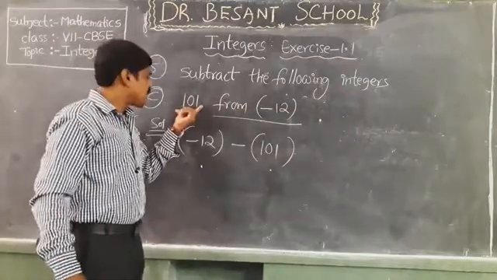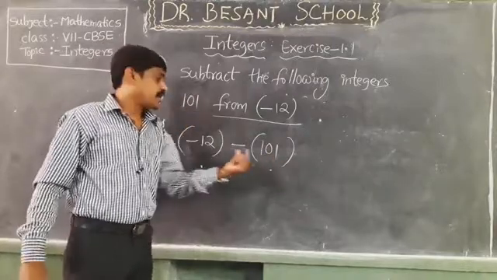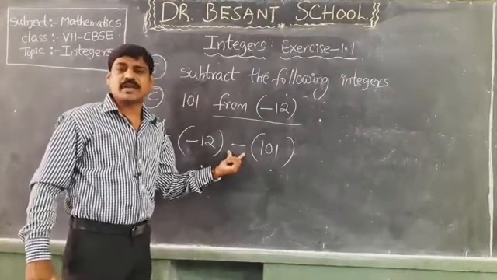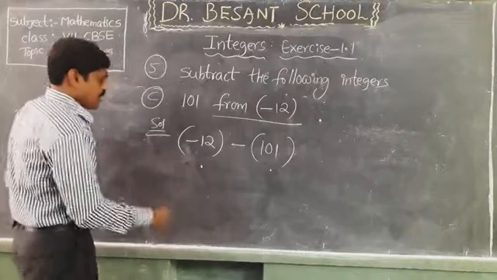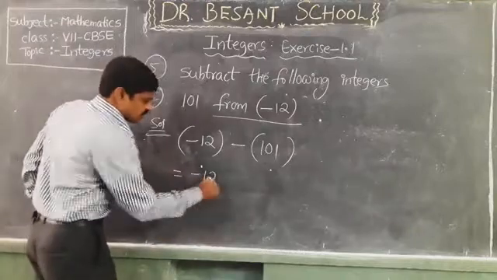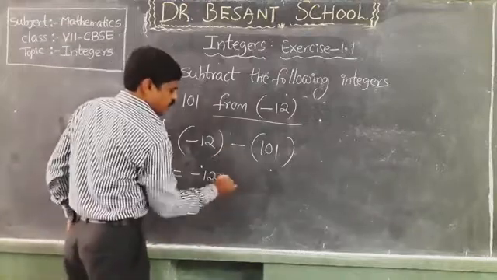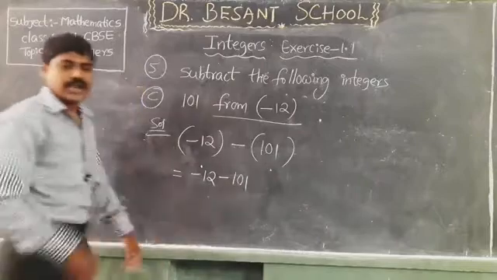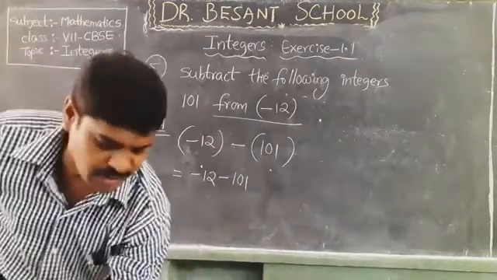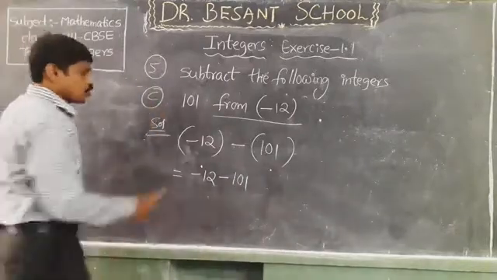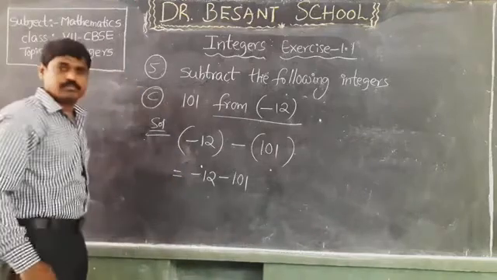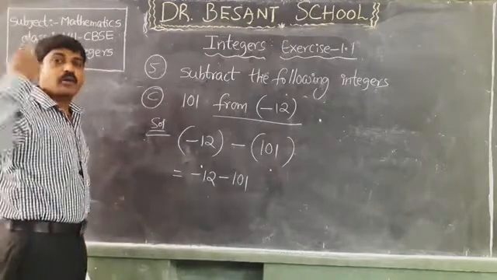What do we have to subtract? That one we have to write in bracket. In the middle, the subtraction symbol minus. Now -12 minus 101: minus into 101. Both are negative only. Both are negative, so we have to add.